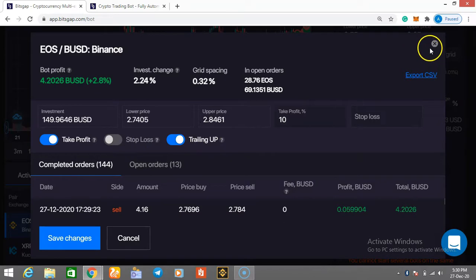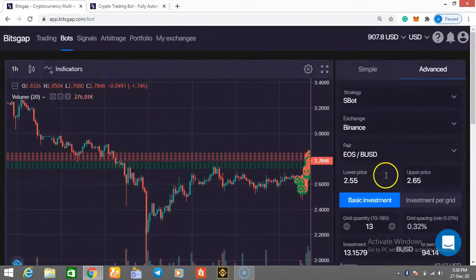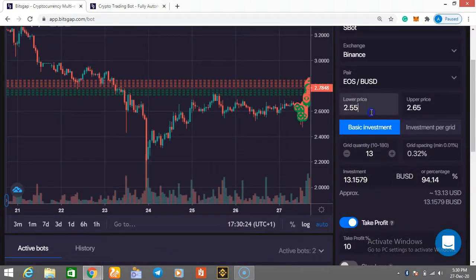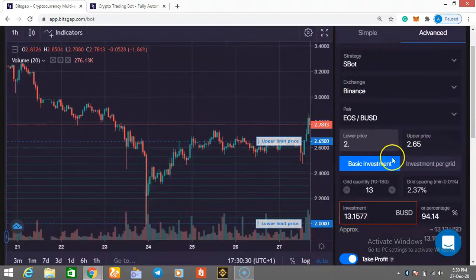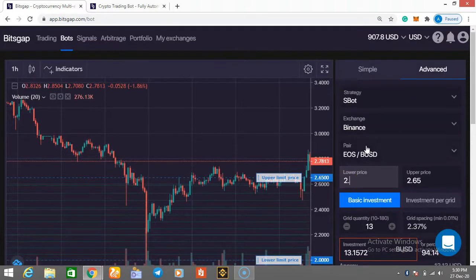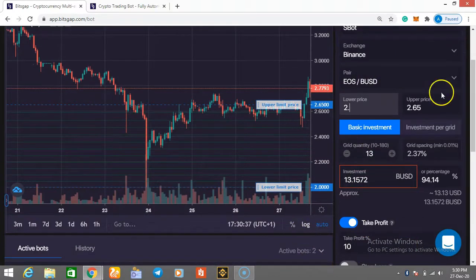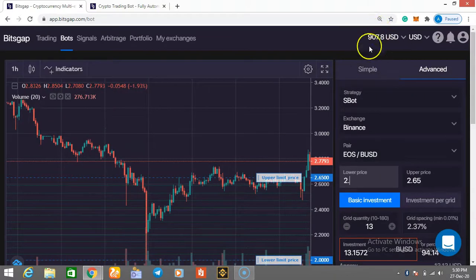Okay, so now if you look at this, the range is quite close to this. I'm going to show you something now. When I was about to make the setup, look at this. If you place a trade around 2.5, if you make your lower range, let's say I chose this, you can see the bot profit has increased by a few cents, and it's showing on the overall portfolio here.